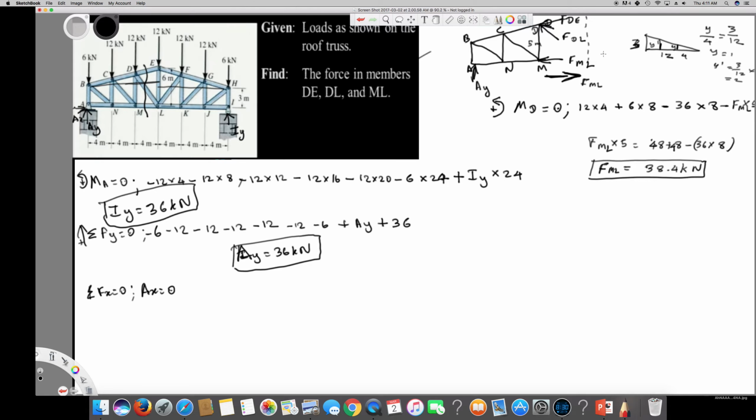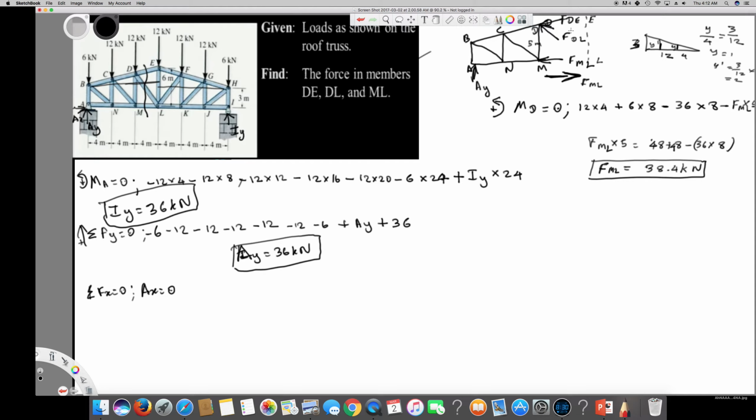For example, I can take moment around E to find this FDL, or I can take moment around L to find FDE.